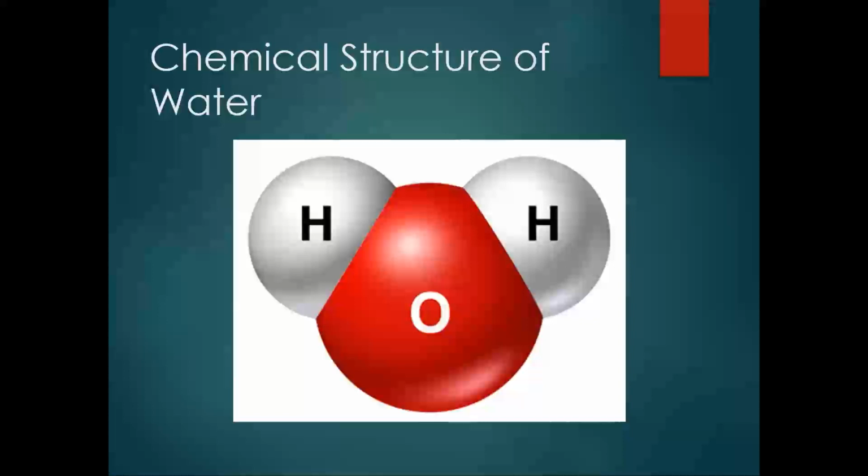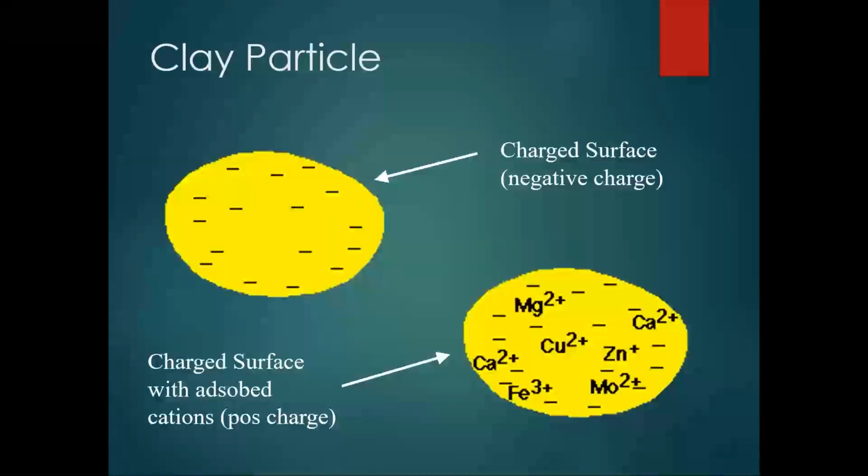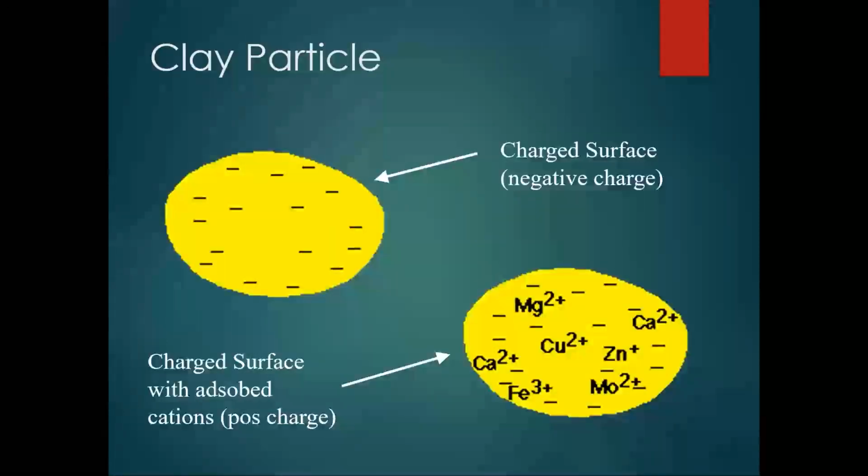And typically what is missing is a positively charged element. So when that happens, we're left with unsatisfied negative charge in that crystal structure. That's super important to the way these function in soils and clays. Because now I have like a little magnet surface in the soil that can attract oppositely charged things to its surface.